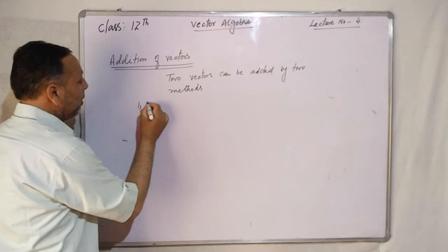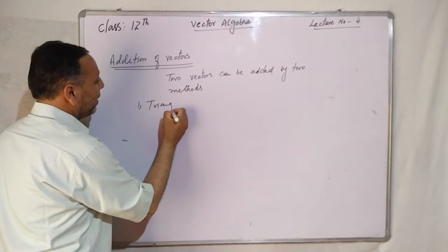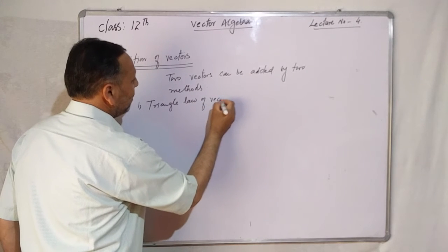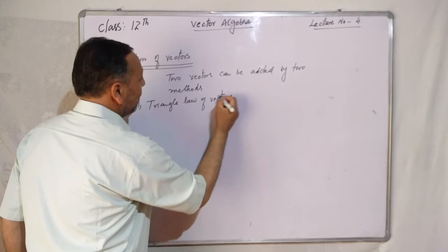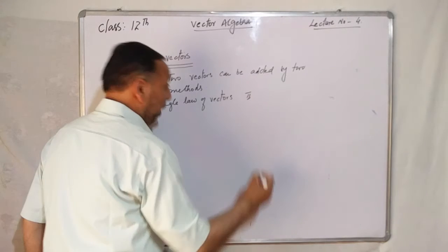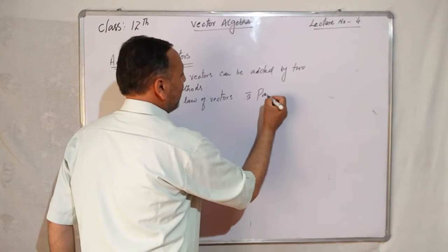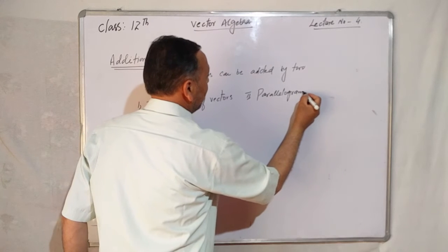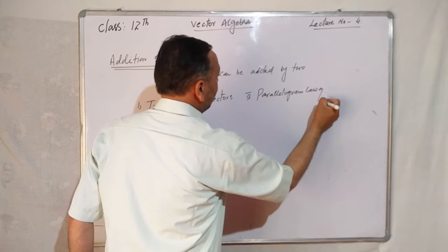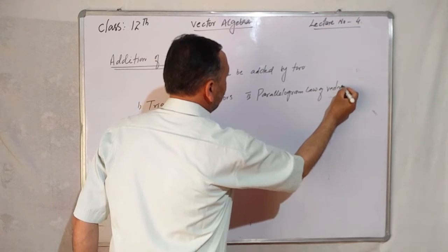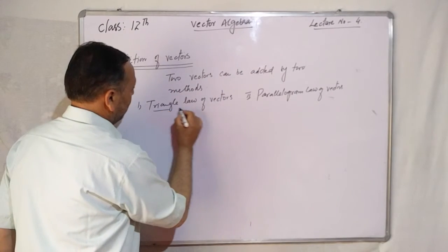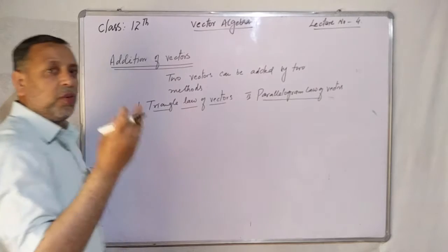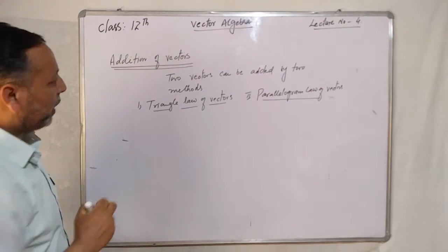One is the triangle law of vectors, and the second is the parallelogram law of vectors. These two laws, triangle law and parallelogram law, are both used for the addition of two vectors.